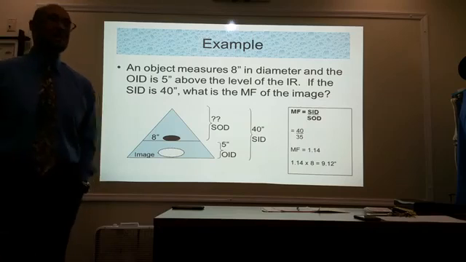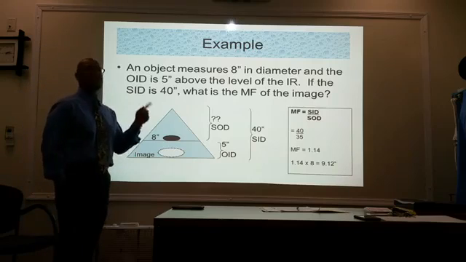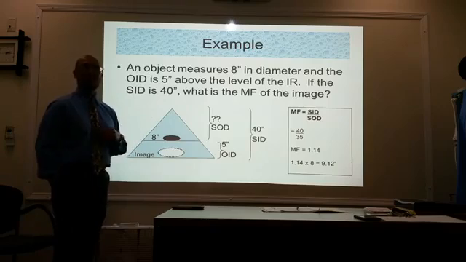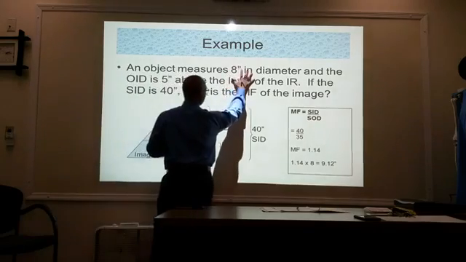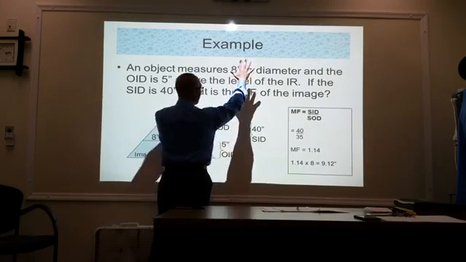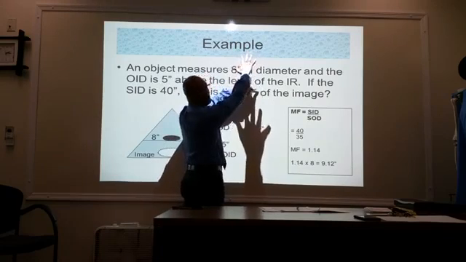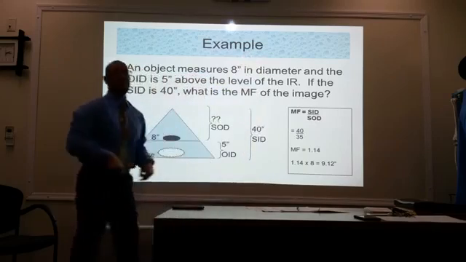All that's telling me is by how much my hand grew from the original size. Here's my original size, 8 inches, but I'm 5 inches away, so I want to know what size the projected image, the shadow of my hand, is now.